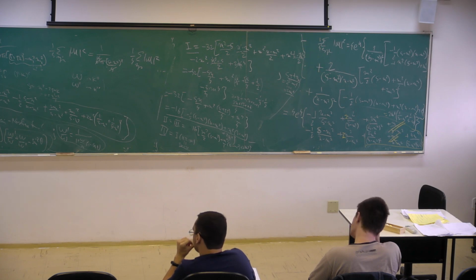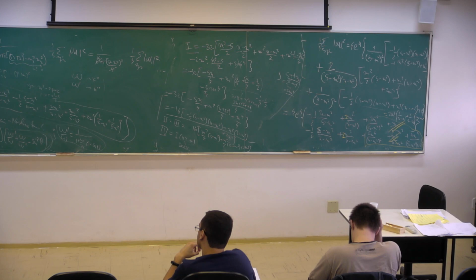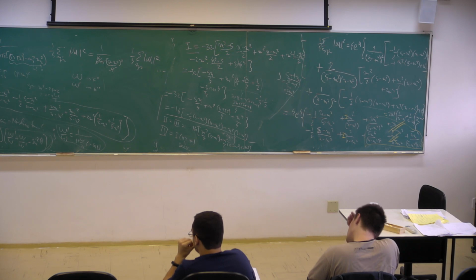So this is something that is of experimental relevance. This is a sort of theoretically interesting formula, but as I said, in the actual experiment, we're measuring omega, omega prime, and theta.